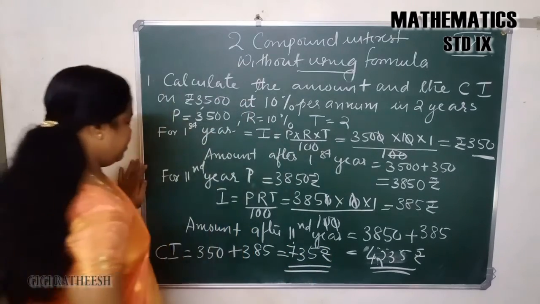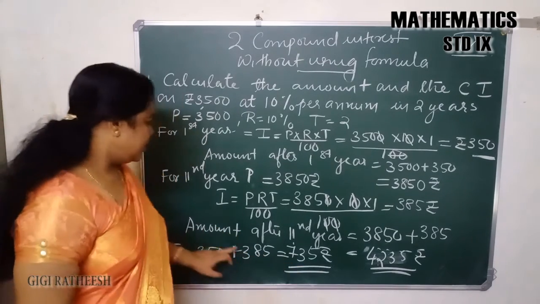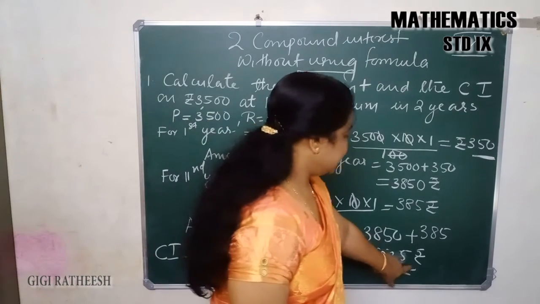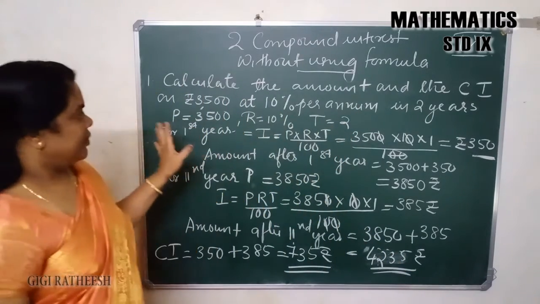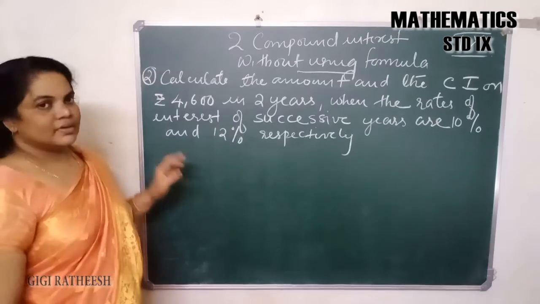This is the compound interest after 2 years. The compound interest is equal to 735. The amount after second year is equal to 4235 rupees. Thus, this is how we calculate the amount and compound interest for a certain principal.